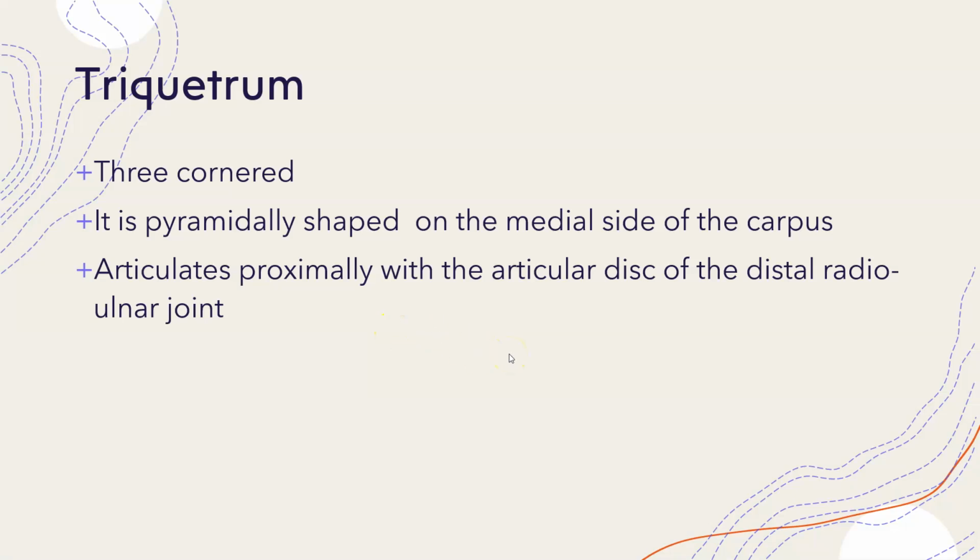Our next bone is the most medial in the row. It's three-cornered, hence its name. It is somewhat pyramidally shaped, like a pyramid, on the medial side of the carpus. It articulates proximally with the articular disc of the distal radioulnar joint.